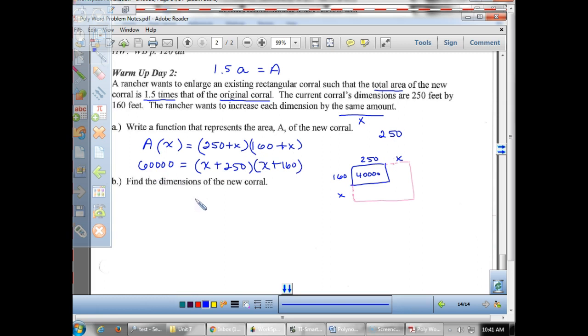Okay, now what would I do with this? If we have the graphing calculator, do we really need to multiply it out? No, we can just put it in the graphing calculator and subtract the 60,000 over.